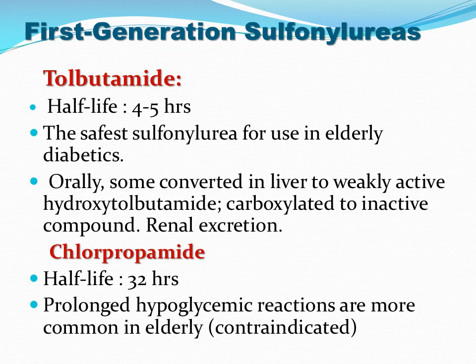Among first generation sulfonylureas, as we said before, tolbutamide is the most common drug used in this group. It has a short half-life of about 4 to 5 hours. It's recommended for use in the elderly because it's safe, and due to its short duration of action, it will not produce hypoglycemia during the night.